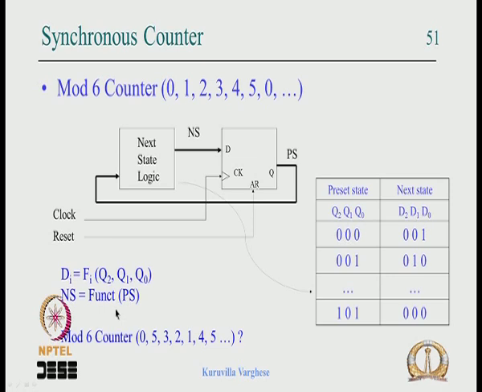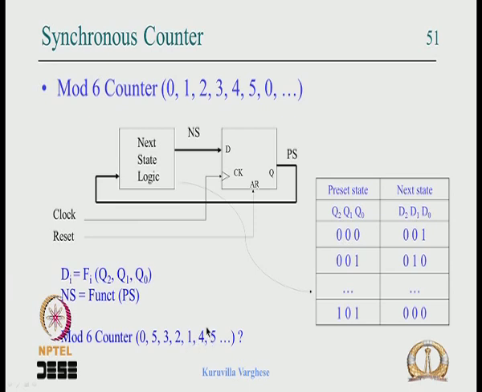Mind you, the next question I want to ask is that we still take the mod 6 counter, but it does not count sequentially like 0, 1, 2, 3, 4, 5, 0. It counts in a crazy way, that it starts with 0, then 5, 3, 2, 1, 4, 5. So the question is, can we design such a counter?